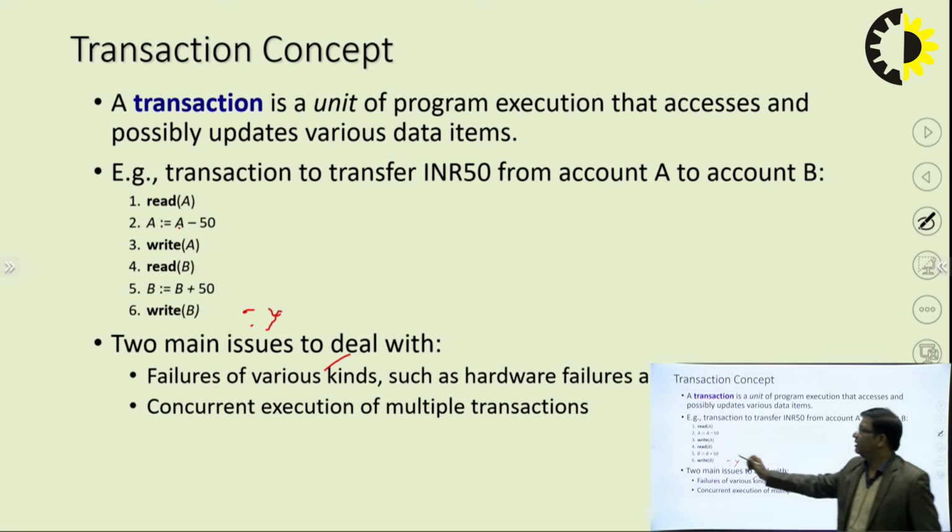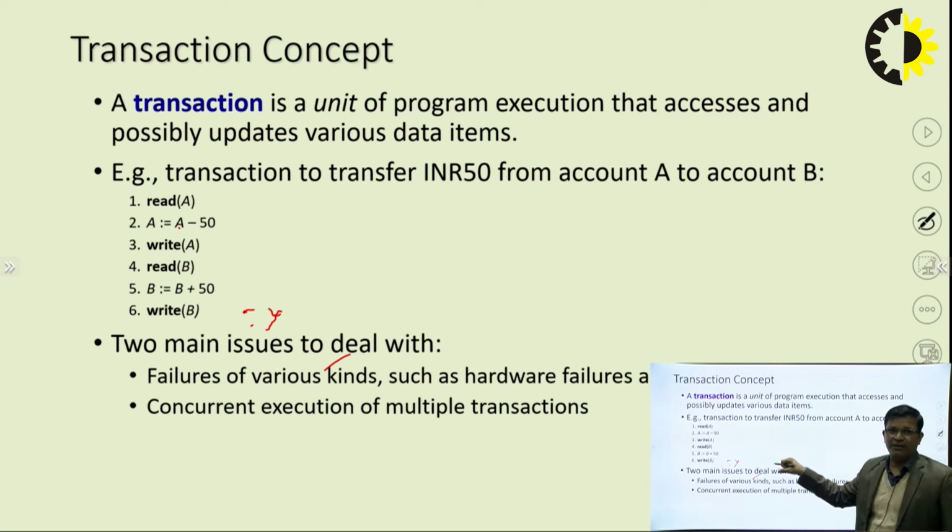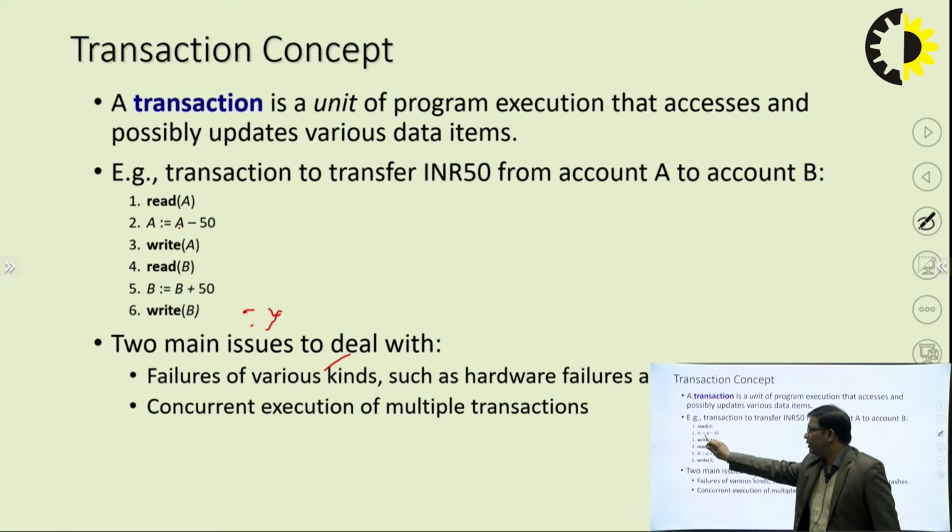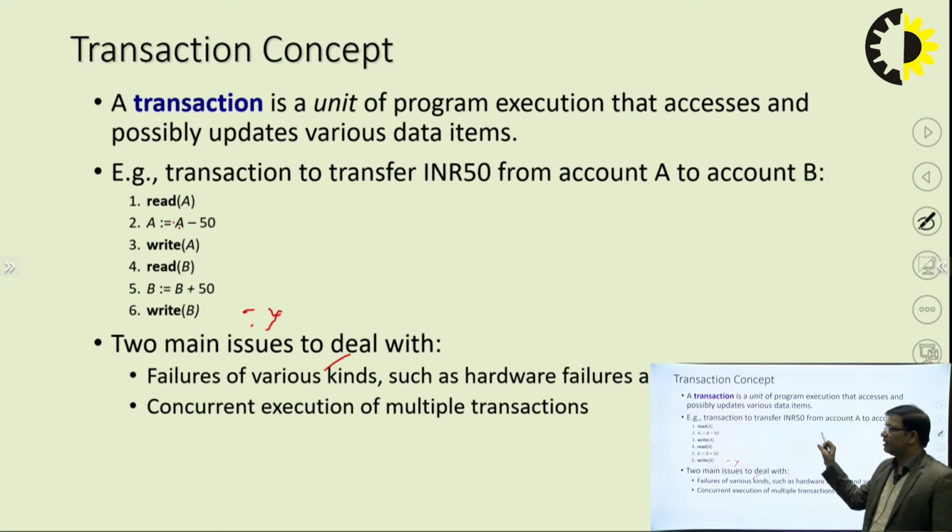For example, this is transaction T1 and another is transaction T2. T1 wants to withdraw the amount from A and deposit it to B, and in T2 some person reads the value of B. So it will give the initial value of B, and this is the incorrect value of B.